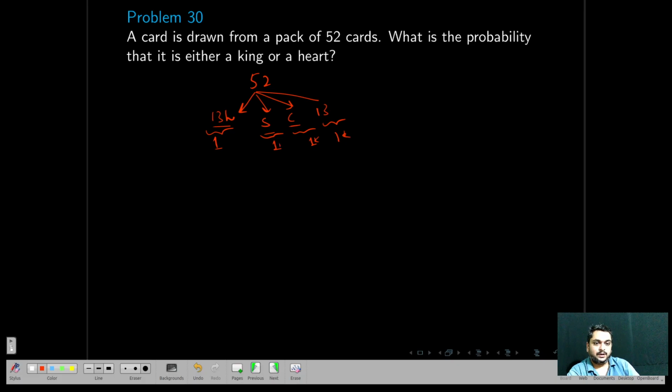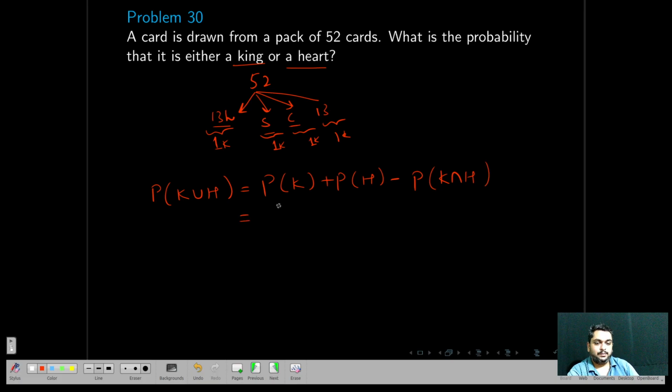Now they are asking what is the probability of a king or a heart. So it is probability of king or heart, which is equal to probability of king plus probability of heart minus probability of king intersection heart.